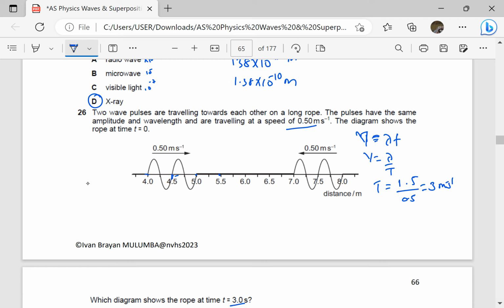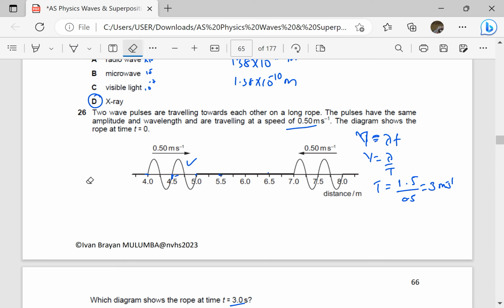So we shall have a wave here, which is going to be somehow like this. For this one, let me maintain the same amplitude. After one cycle, after 1.5, we shall be here. So we shall have something like this.